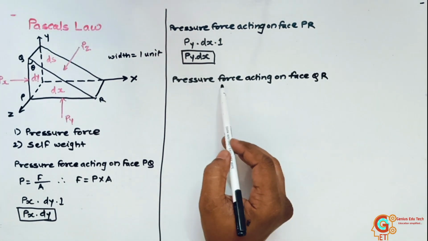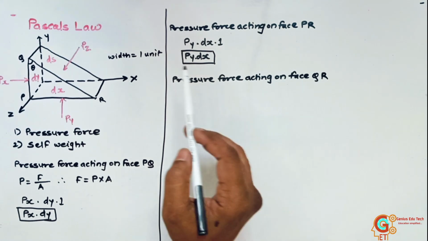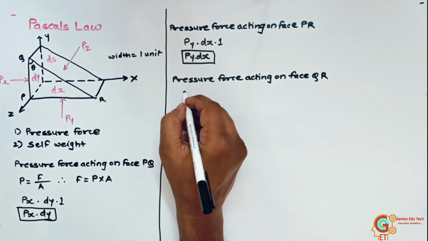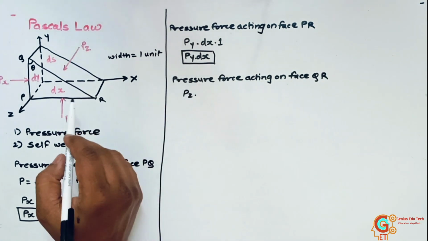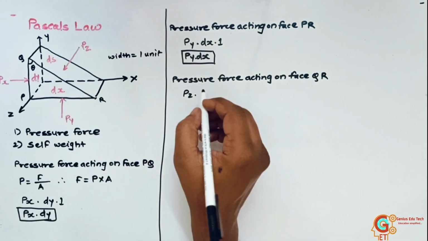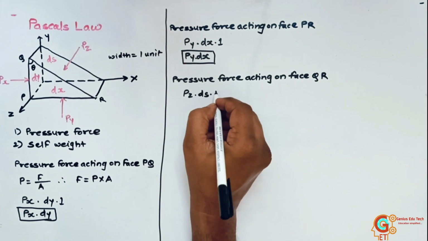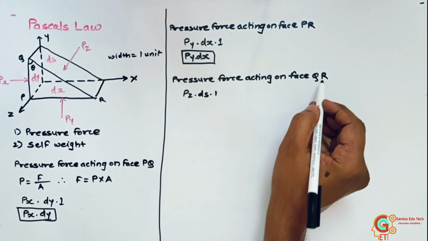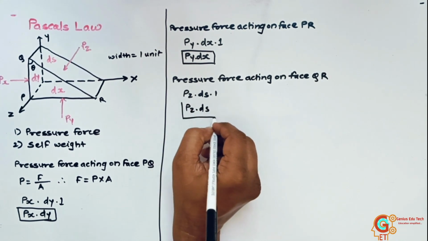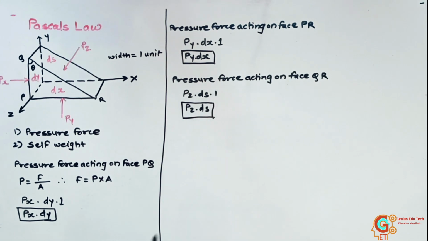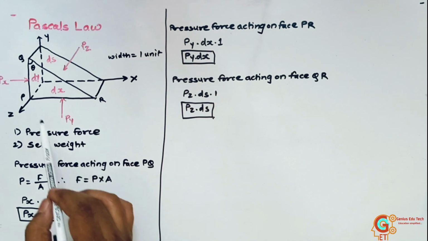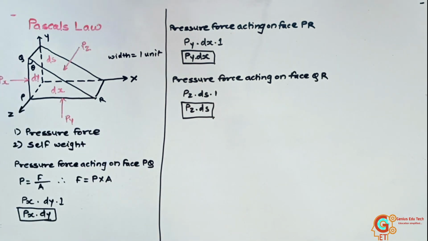Similarly, pressure force acting on face QR will be pressure intensity on QR, which is nothing but Pz, into area of face QR, which is ds, into its width, that is unity. So total pressure force acting on face QR will be Pz into ds. So till now we have seen total pressure forces acting on this wedge shaped element.